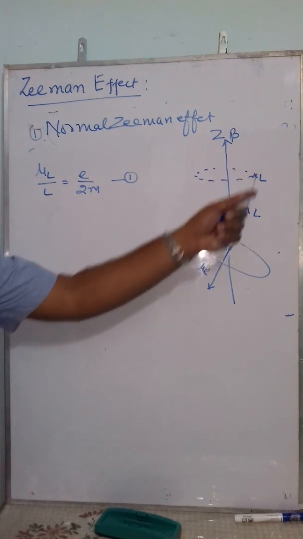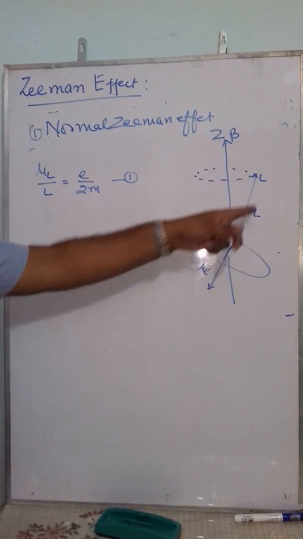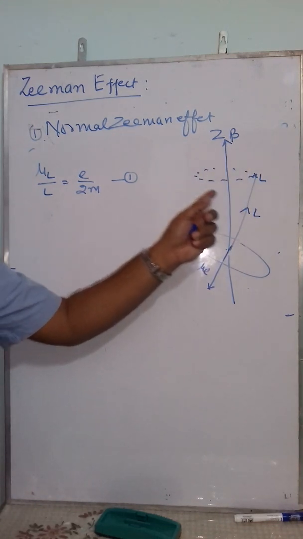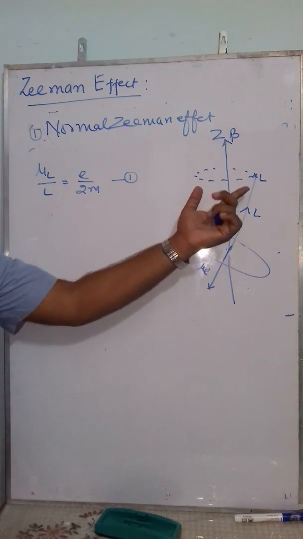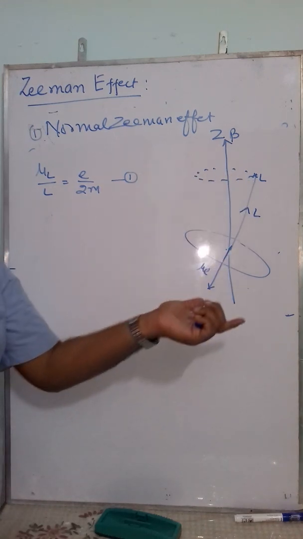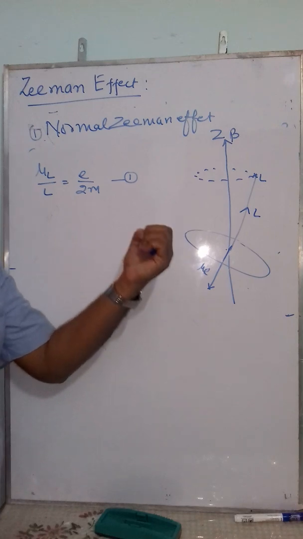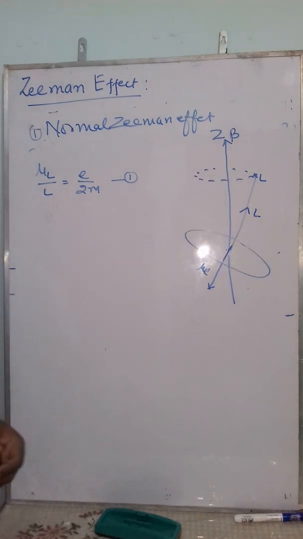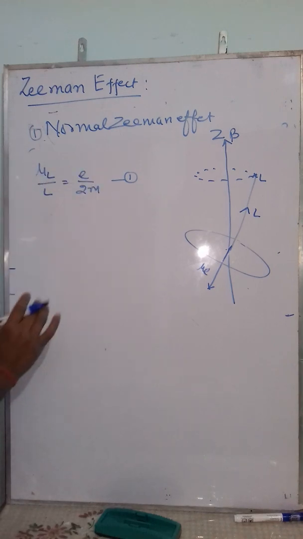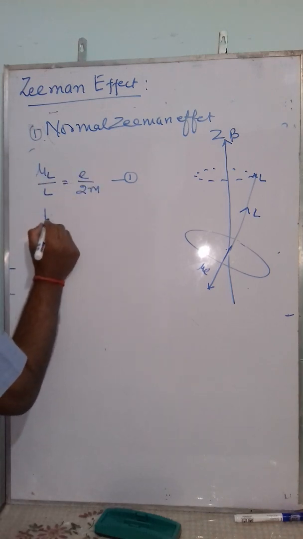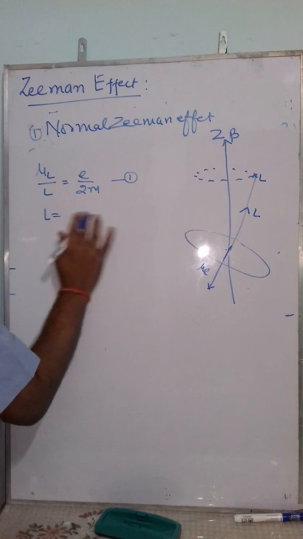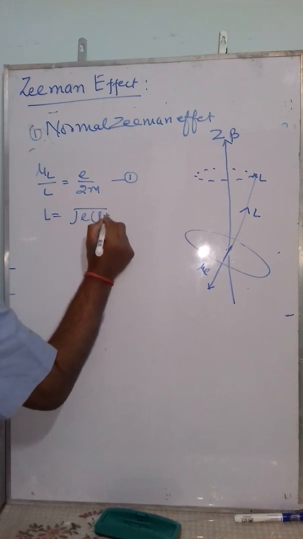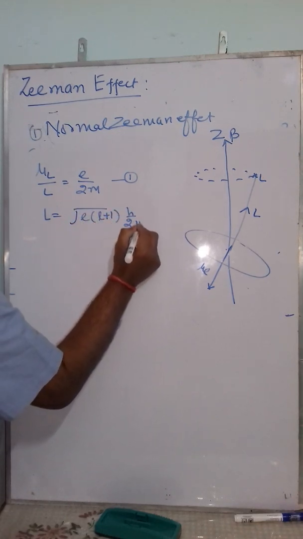Now since this orbital angular momentum is precessing about the field, this precession is called Larmor precession, and the frequency with which it precesses is called the Larmor frequency. Here mu L upon L is e upon 2m, and L is given as the square root of l into l plus 1 into h upon 2 pi.